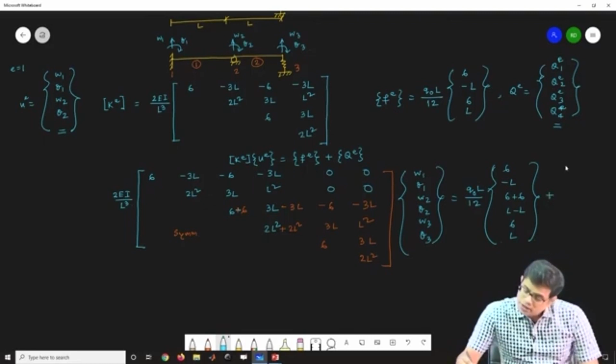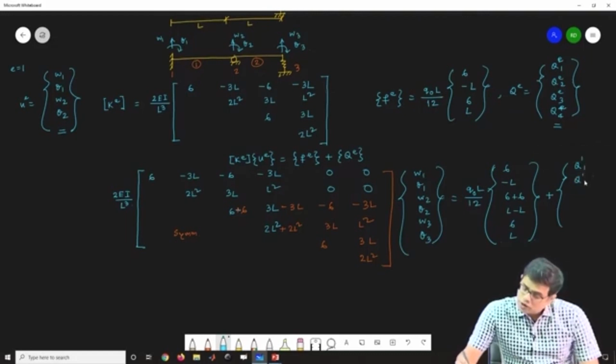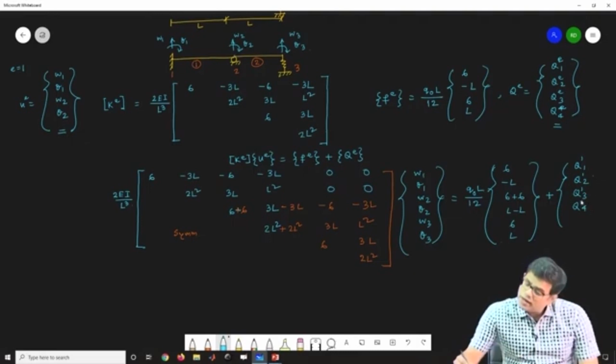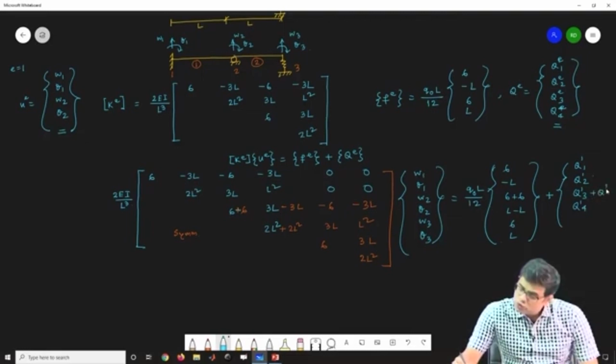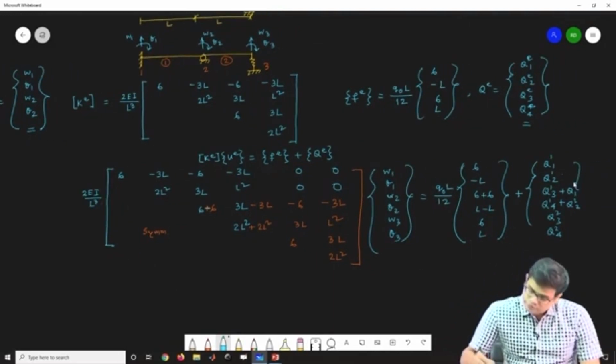Then we'll also have the reaction force vector, that is your Q from element 1, 1, Q from element 1, 2, then Q from element 1, 3, Q from element 1, 4, and then from the second element you will have Q2 1, Q2 2, Q2 3, Q2 4. So this is my global force vector.